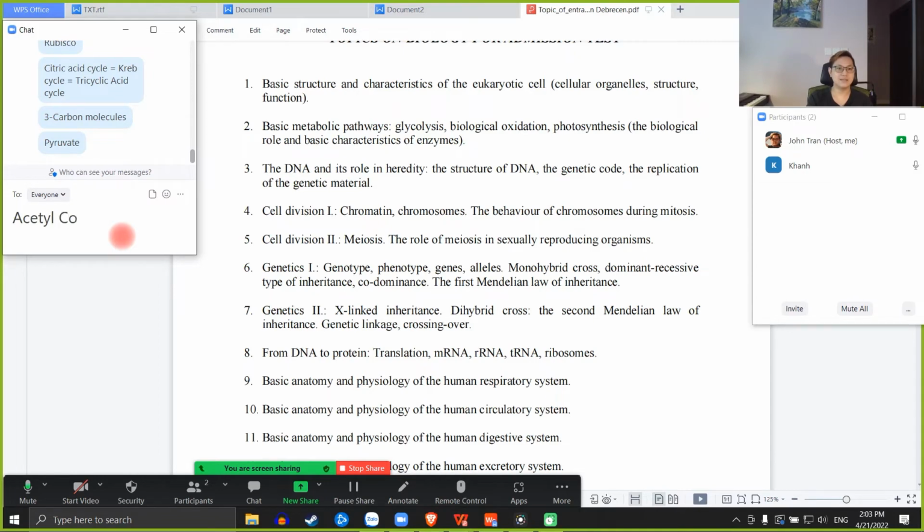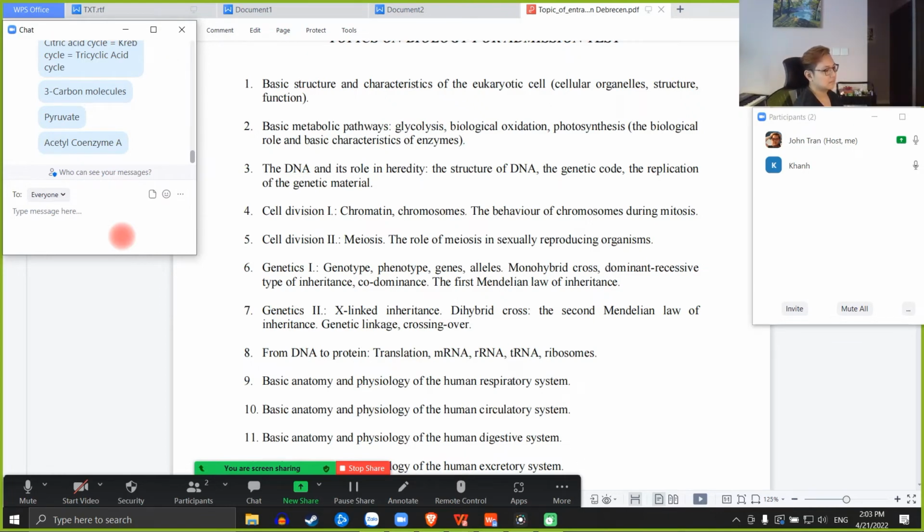Acetyl coenzyme A. It's actually acetyl coenzyme A, which is a two-carbon molecule, and two molecules of acetyl coenzyme A undergo the Krebs cycle inside the matrix of the mitochondria.